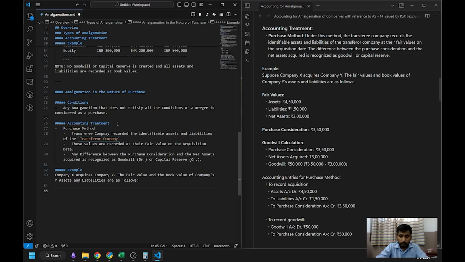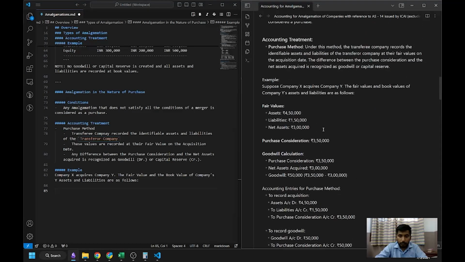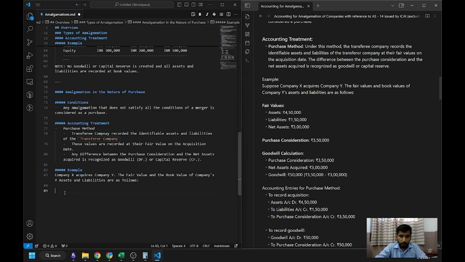First of all, fair value. Assets are rupees 4,50,000. Liabilities are rupees 1,50,000.